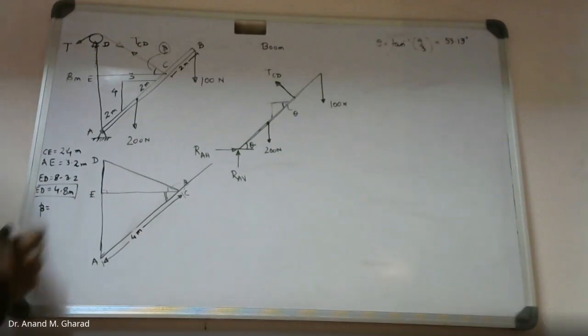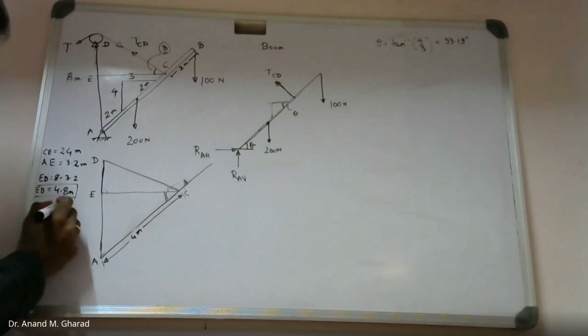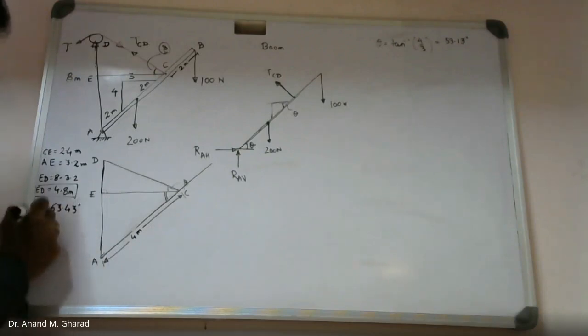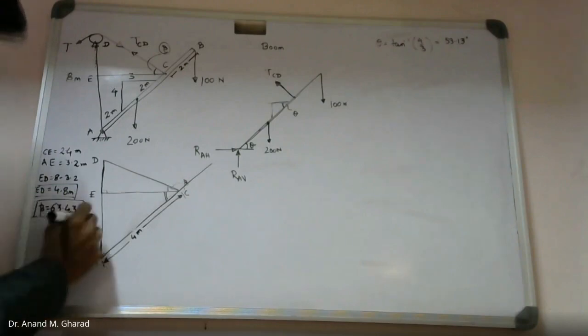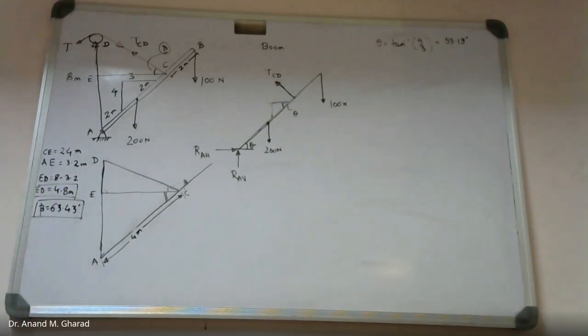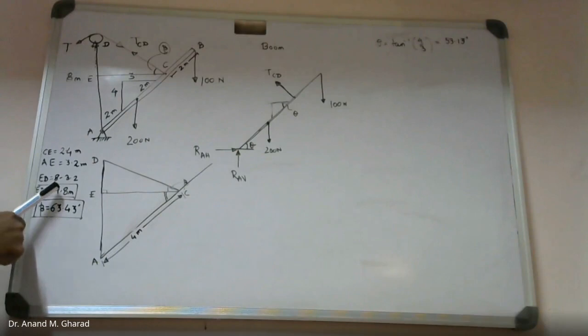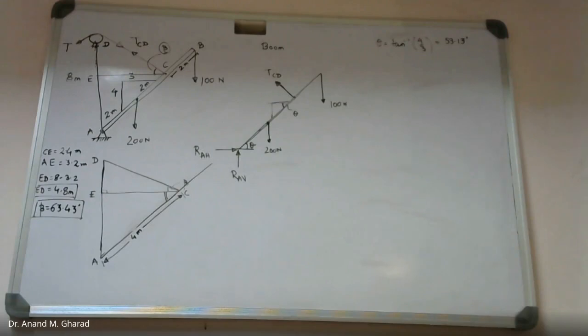So does it come out to be 63.43? Tan inverse of 4.8 divided by 2.4, right? So this will be the beta value.